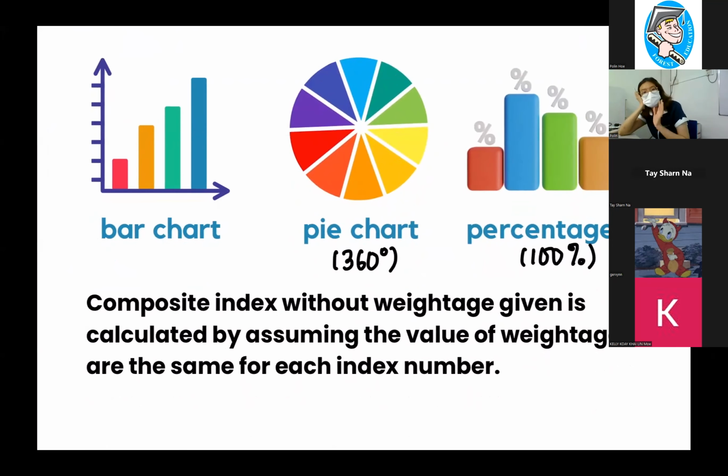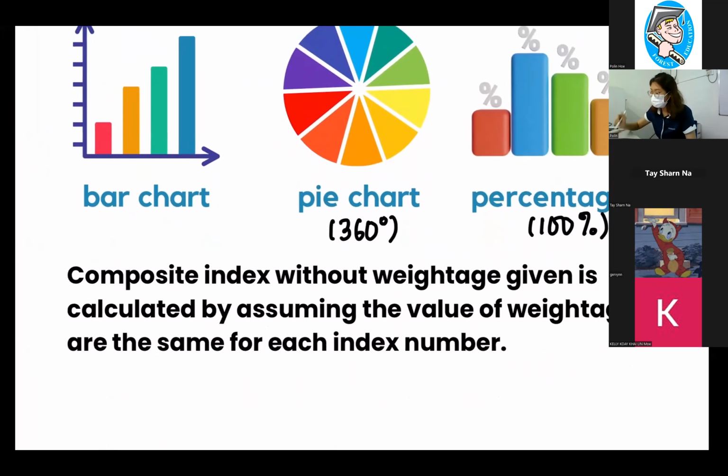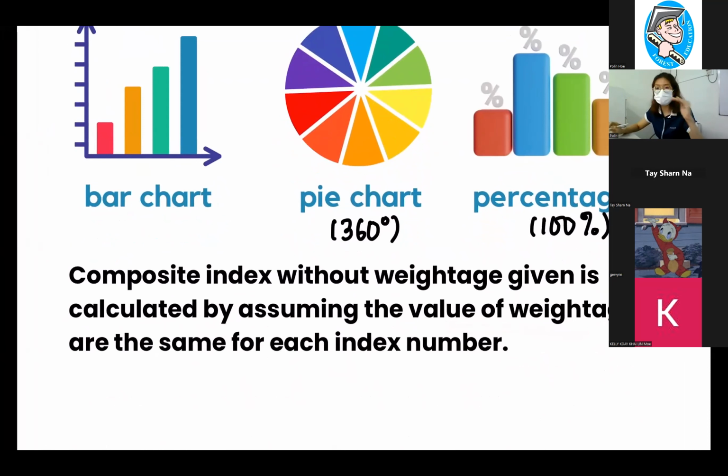But sometimes they don't mention about weightage. It is because they assume every item they share the same weightage. 它的那个 portion 是一样的。This is assuming, but usually we won't see this in exam questions. In real life, yes.